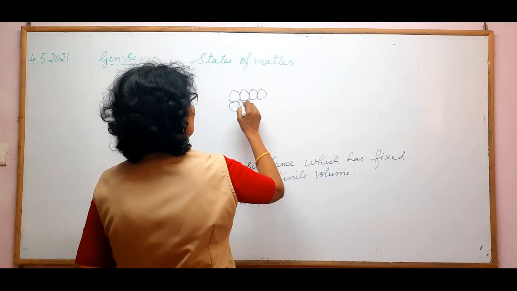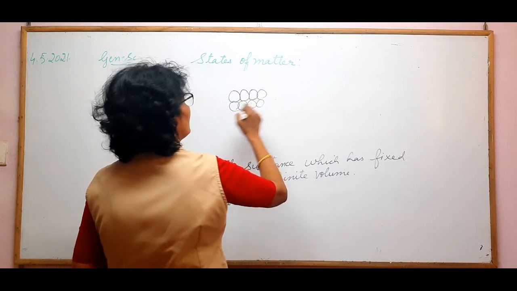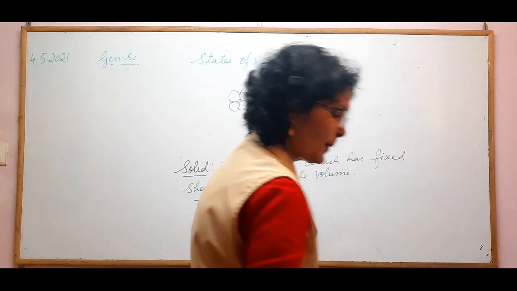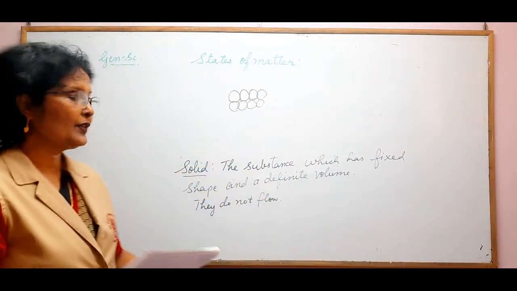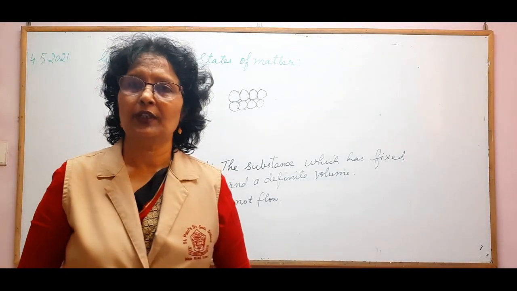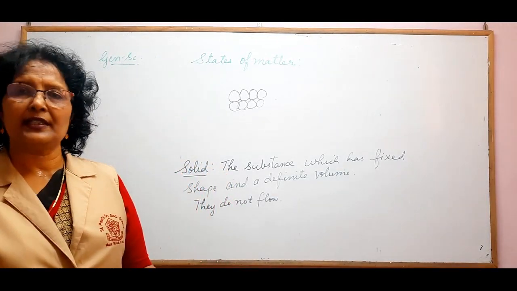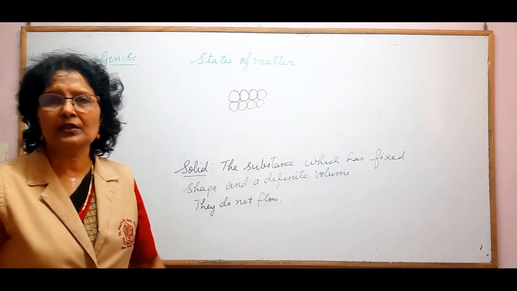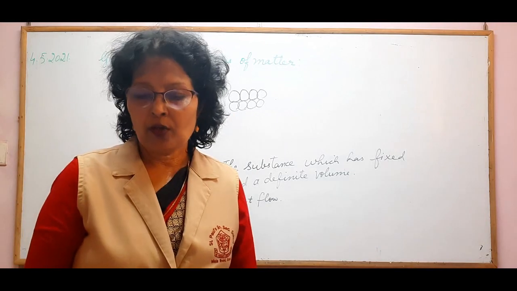They do not have any space in between. Is that clear? They have least amount of intermolecular space. What is intermolecular space? The space between two molecules is called intermolecular space. So there is least amount. There is almost no space in between two molecules.